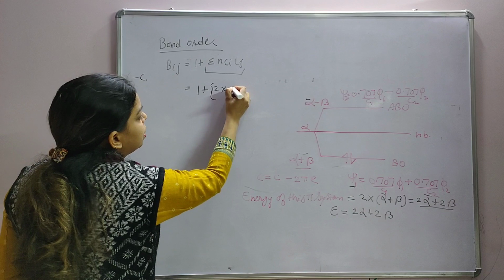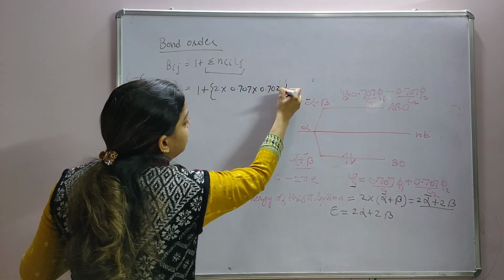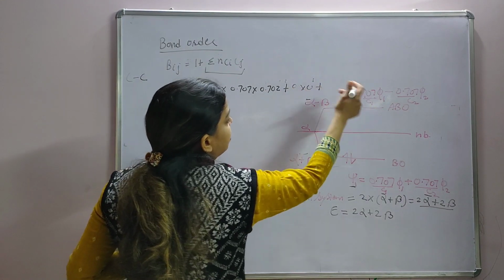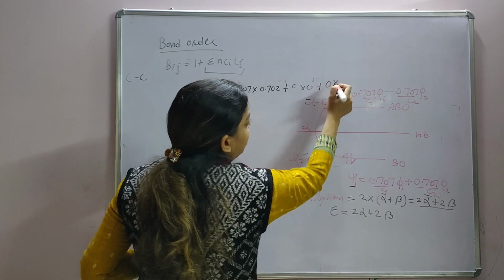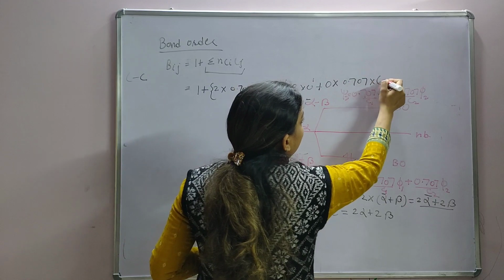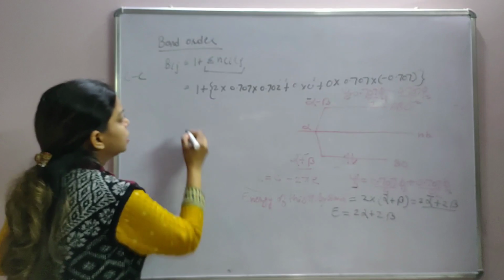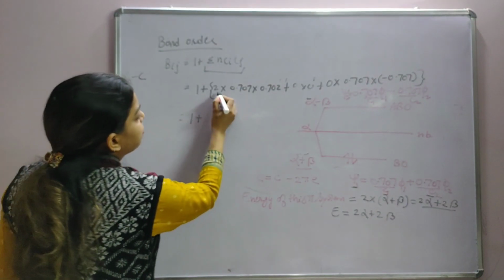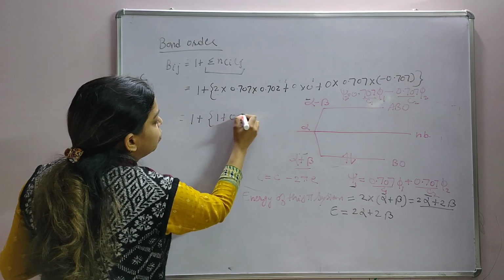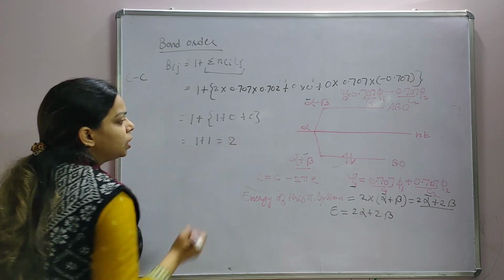So 2 into 0.707 into 0.707, plus the next level 0 into 0, plus the next level, number of electrons 0, with coefficients 0.707 into minus 0.707. So this will be 1 plus 2 into 1 by 2, it will be 1 plus 0 plus 0. So 1 plus 1, the bond order comes out to be 2 here.